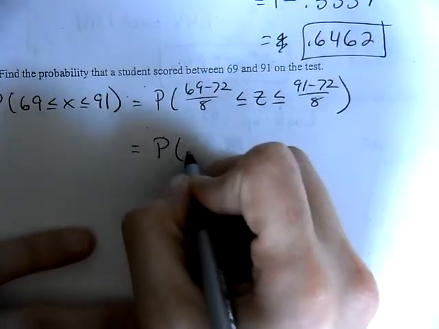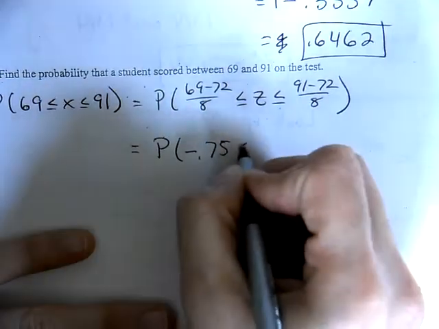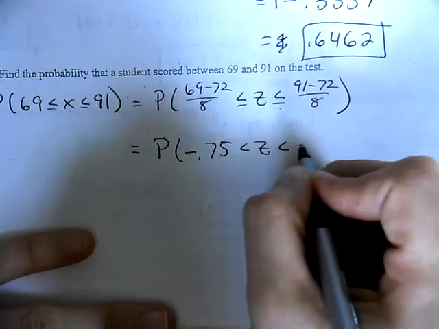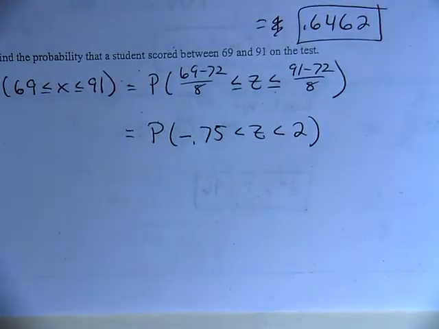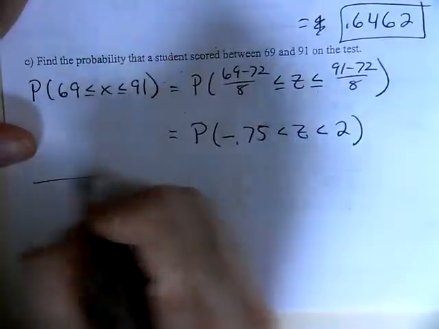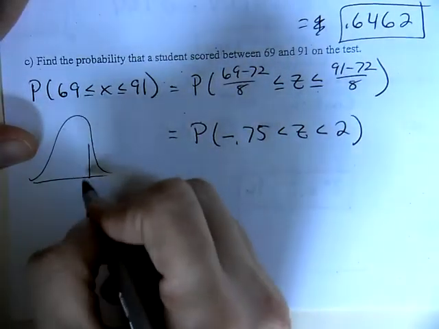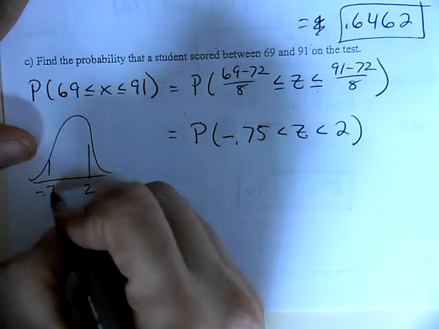So probability between negative 0.75 and 2. So now if you're finding it in between, again, you're trying to find between positive 2 and negative 0.75.